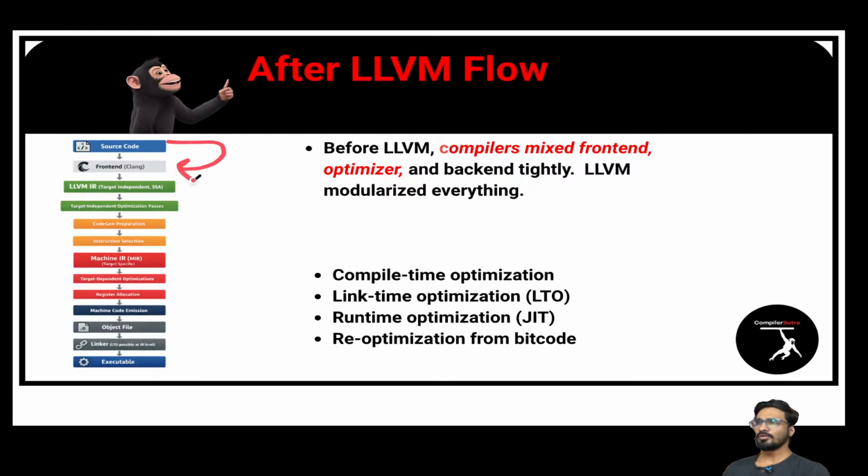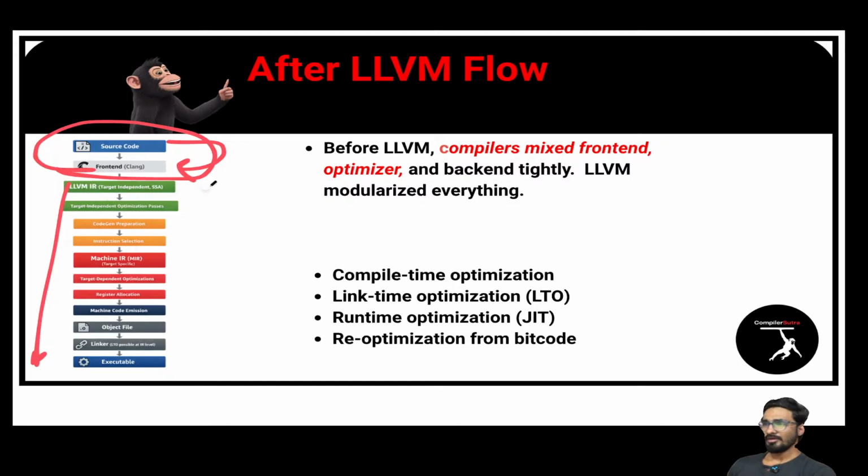From there, we get a front end. It can be any front end, but I mostly use Clang for C and C++. You can use Rust or any other LLVM based compiler. So if you change to any other LLVM based language, it will only change this front end. Apart from that, the pipeline mostly remains the same.